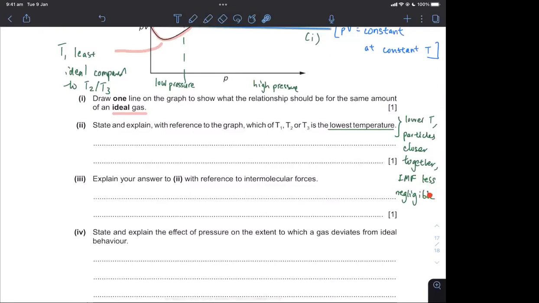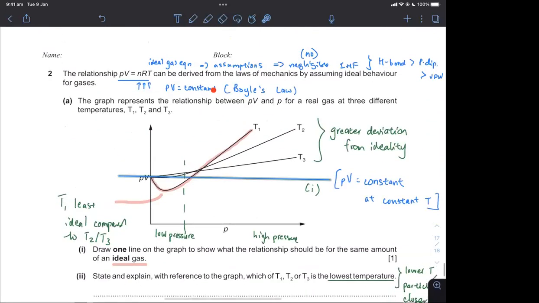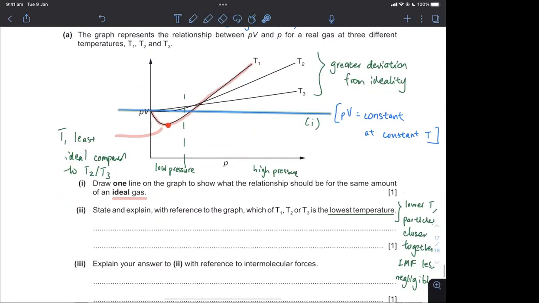If it is stronger, then you become less ideal. Of the three temperatures here, this is the least ideal one, so therefore it has to be T1. State and explain. Well, I've stated that already. In terms of explanations: at low pressure, we can see that T1 results in the greatest deviation. So this is the use of English, the greatest or the most deviation from ideality.